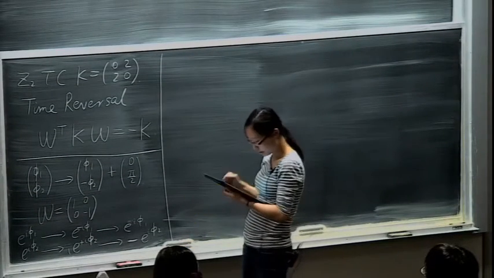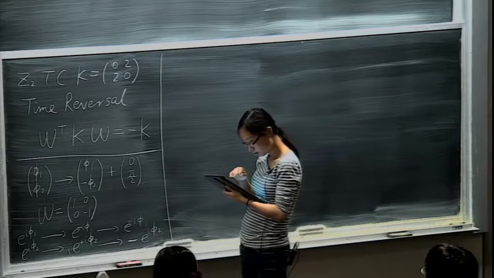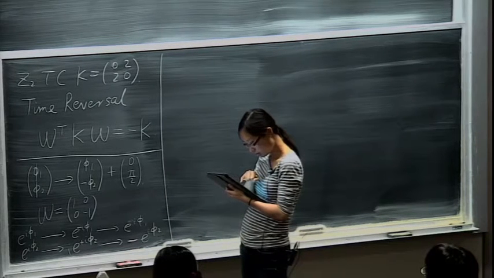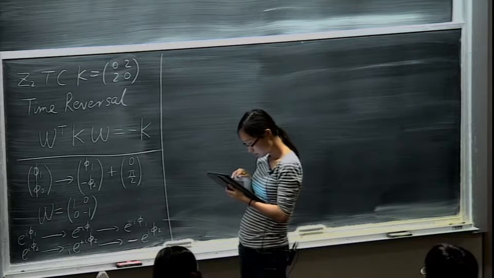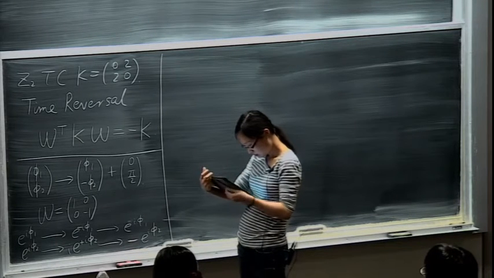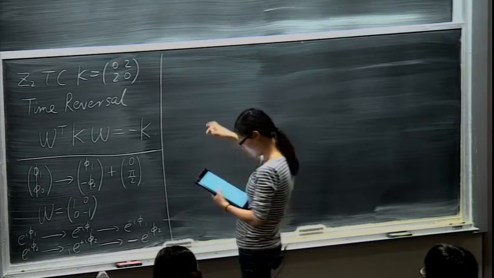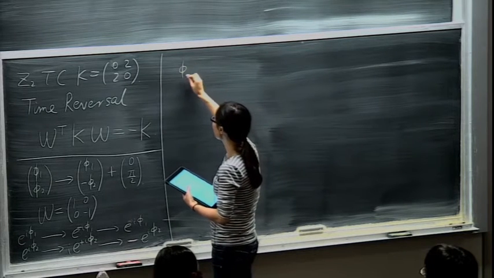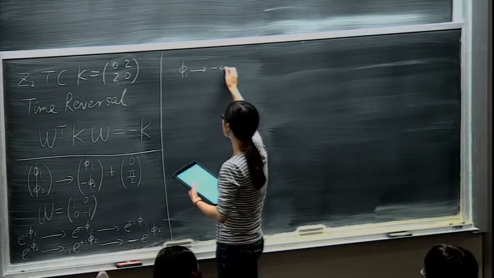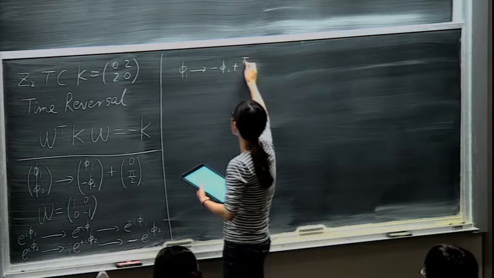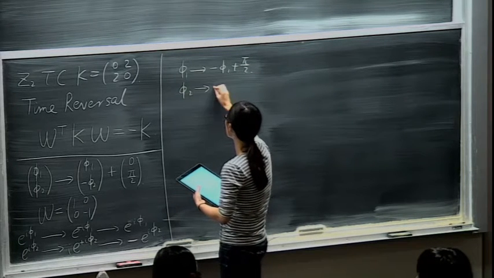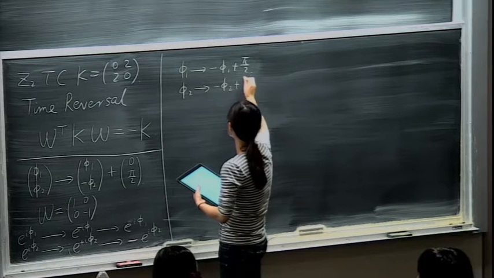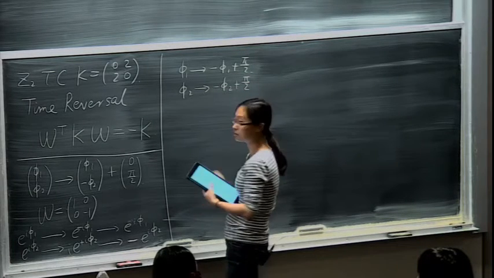So I tried phi 1 goes to minus phi 1 plus pi over 2, and phi 2 goes to minus phi 2 plus pi over 2, right?